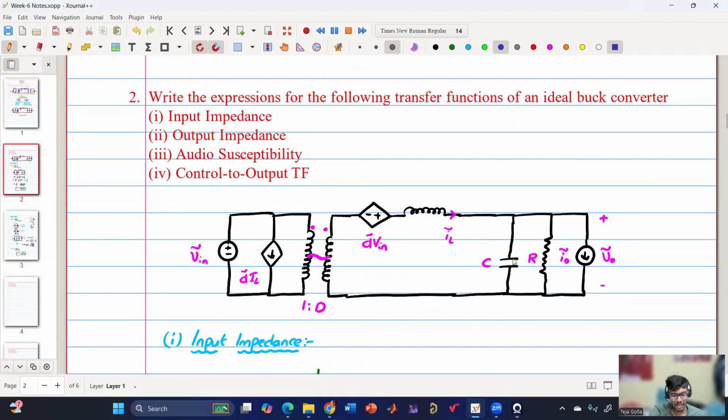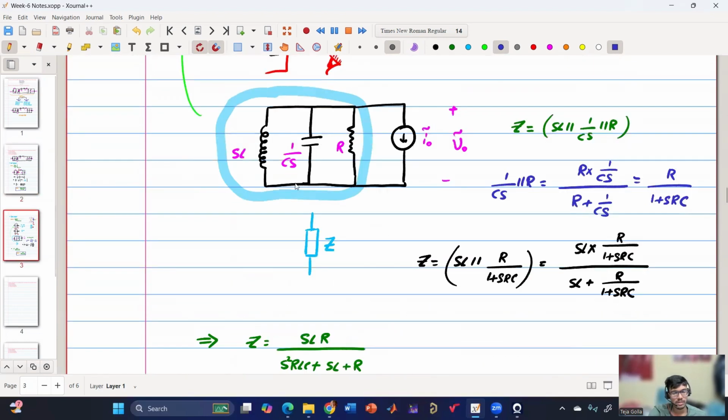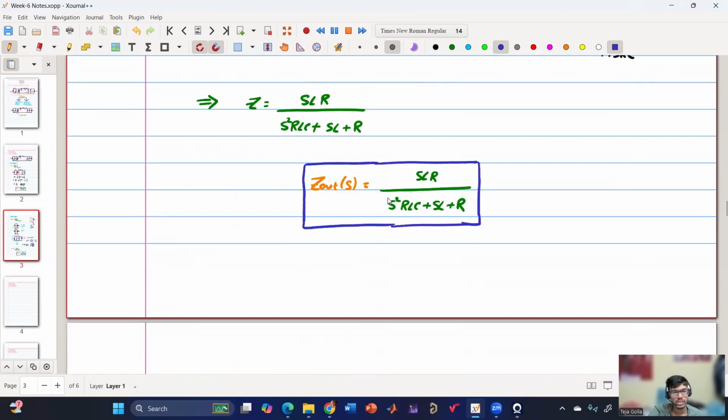SL is parallel with 1 by CS, parallel with R. So the effective circuit will become something like this, and now we can get V naught tilde by minus I naught tilde, which is the effective impedance we have calculated. Is this clear until this point?